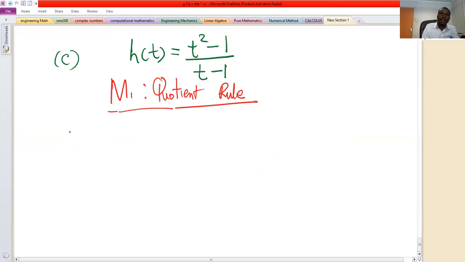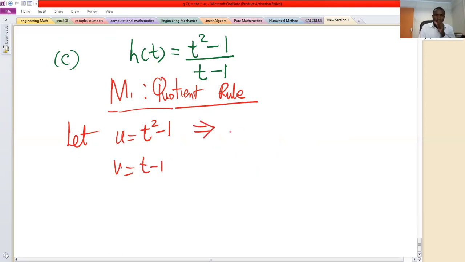Quotient rule. So we let u to be t squared minus 1 and v to be the denominator t minus 1. So this means u prime is 2t, v prime is 1.